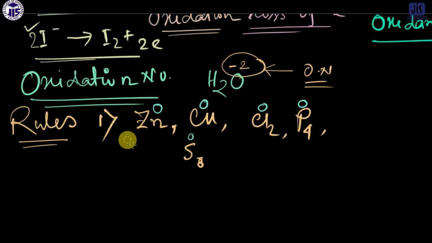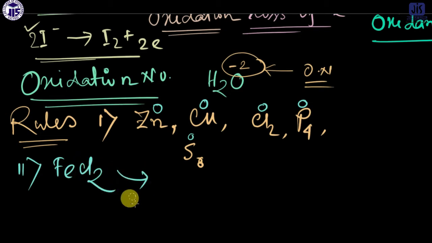Now come to the second rule. According to the second rule, the oxidation number of a monoatomic ion in an ionic compound is equal to its charge. For example, take FeCl2.